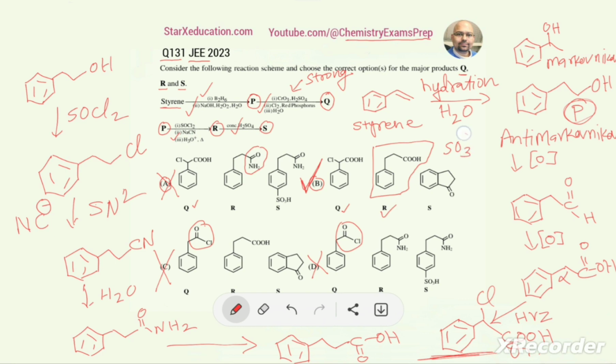So SO3 is the electrophile in case the substitution is on the benzene ring, which is not the case here. So what would happen in the reaction of R with concentrated H2SO4? This reaction would give us intramolecular electrophilic substitution, and the product S is the product of that intramolecular EAS reaction.